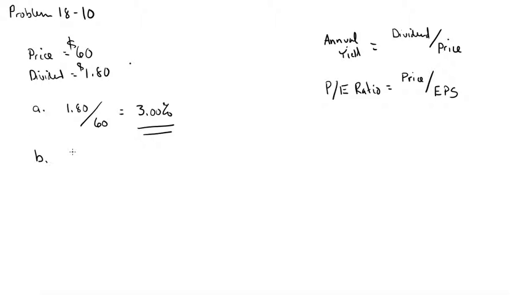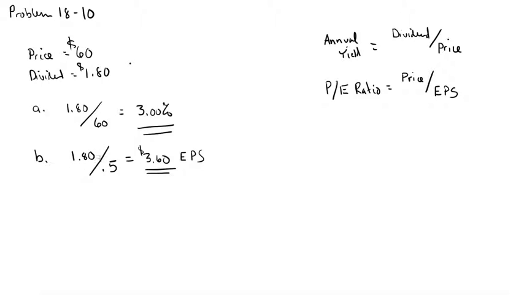So if we take the dividend of $1.80 and divide it by the payout rate, we should get the total earnings per share. All right, and that ends up being $3.60.